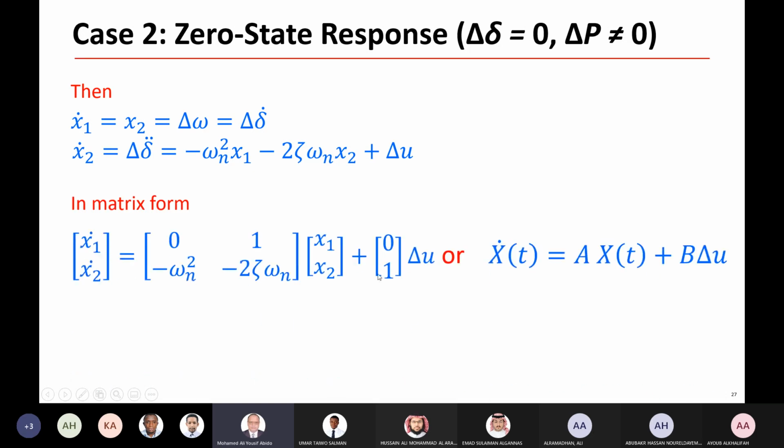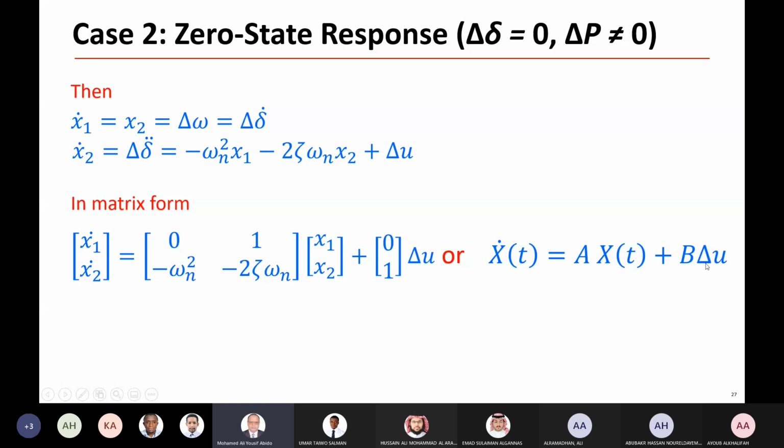In matrix form, you can have this state space representation. You have here the A matrix, and the B matrix. Now we have an input, which is delta U, and delta U is a function of delta P as we derived earlier. So this is the state space.